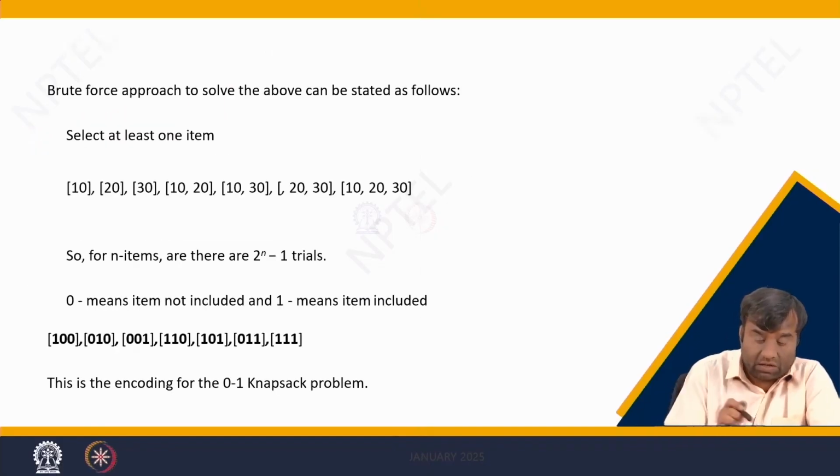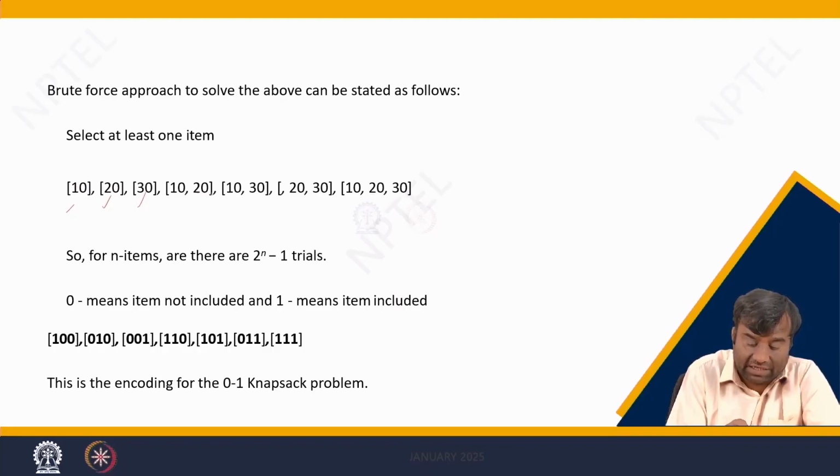So here we are applying a brute force approach to solve the problem, which can be described as follows. Select at least one item. First item we select, then second item we select, then third item we select. So this is chromosome 1, this is chromosome 2, this is chromosome 3.